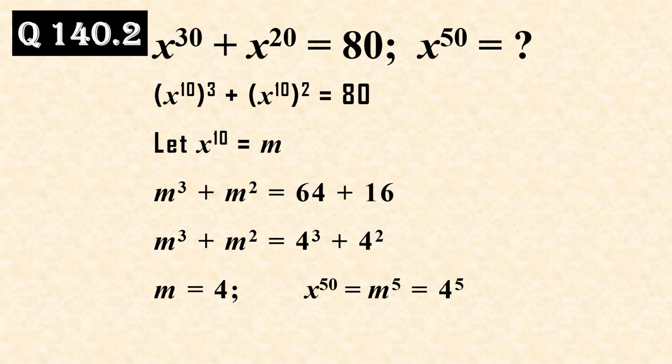M cube plus m square is equal to 80. Break 80 as 64 plus 16, that is 4 cube plus 4 square. Comparing, we get m is equal to 4. We need x power 50 or m power 5, which is 4 power 5. 4 power 5 is 1024.